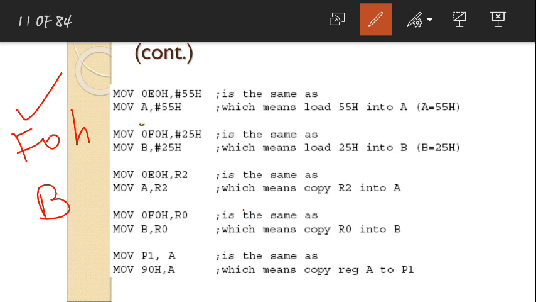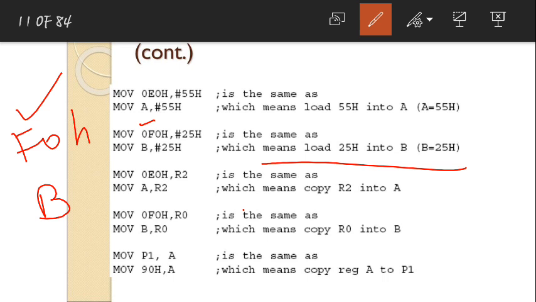Here also he mentioned 0 because there is an alphabet at the start. The start should not be any alphabet. There should be only a number. So we have written 0 in front of F. So we are trying to move this 25 value into F0, nothing but B. So load 25 into the B register.